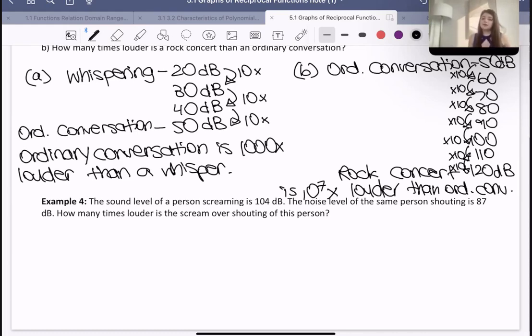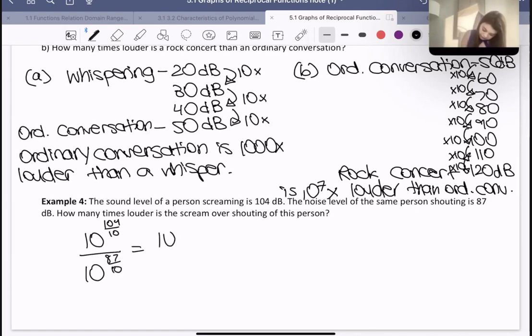So to compare, in this case, we're going to do 10 to the power of 104 over 10, because in this case, to go up 10, we multiply by 10, as opposed to going up 1, we multiply by 10. So that's why we have to divide by 10 here. As opposed to Richter's scale, where we didn't do this, because going up by 1 on the Richter scale is like multiplying by 10. And that's going to be over the shouting, which is 87 over 10.